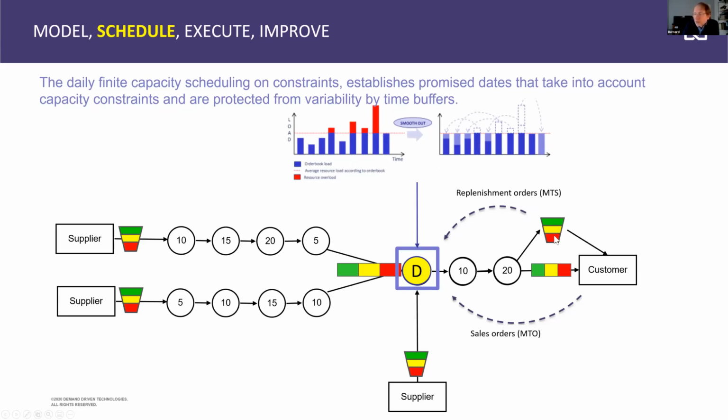So based on the status for the inventory buffers, red, yellow, green, based on the due dates for the end customers, we combine all that to generate a schedule on the drum. And we'll commit promise dates to the customers based on that realistic schedule on the drum and based on the protections we inserted with the time buffers after the drum and before shipping to the end customer.